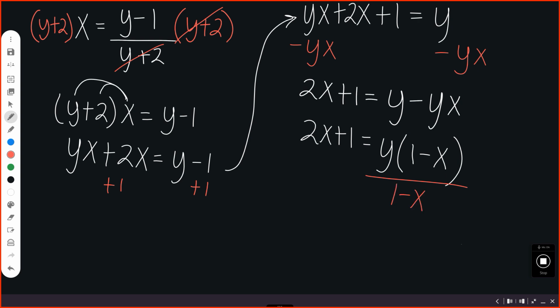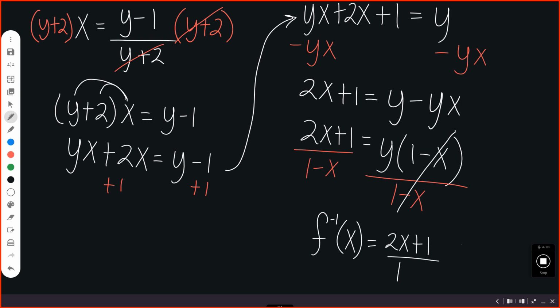So 1 minus x divided by 1 minus x, anything over itself is just 1, and I'm left with a y that's alone. Once you get the y alone, that's when we write f inverse of x, the inverse function, which is 2x plus 1 all over 1 minus x.